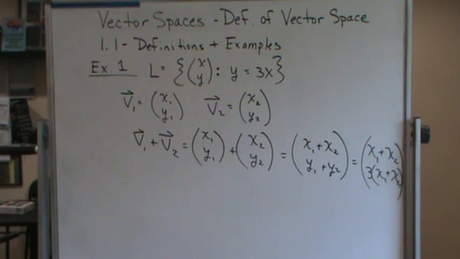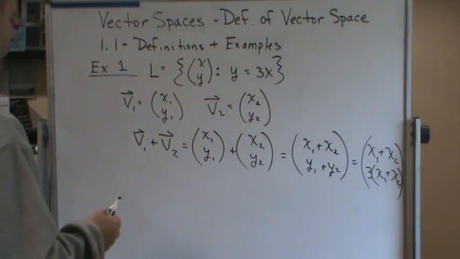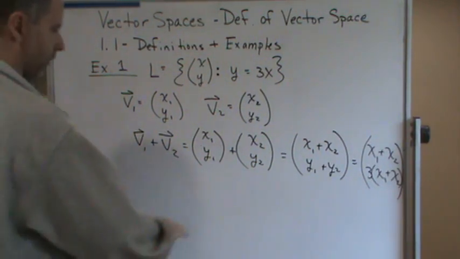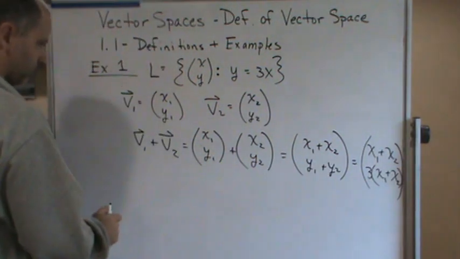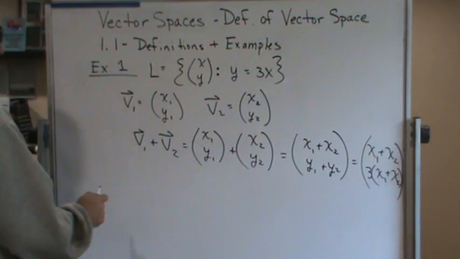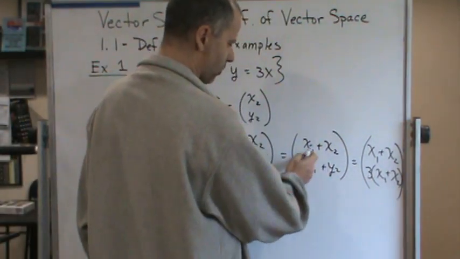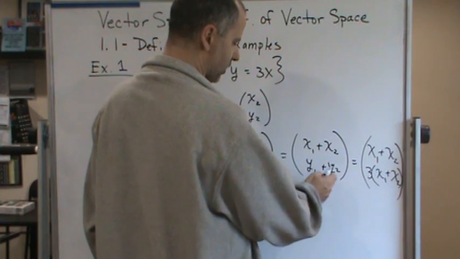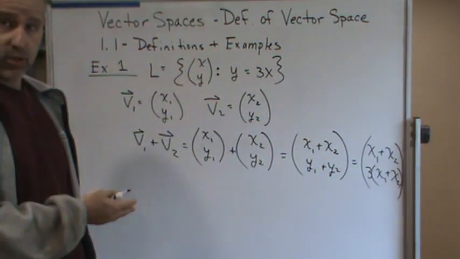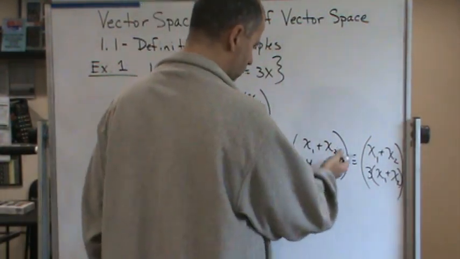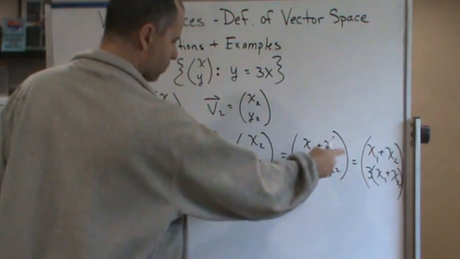And for the second condition, that addition of vectors commutes, we could just compare. So here's V1 plus V2. We got that. Now, it's easy to say, okay, well, these are just real numbers, and the addition under normal addition is commutative with the real numbers. So I can just switch these.